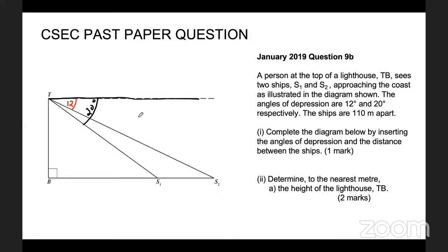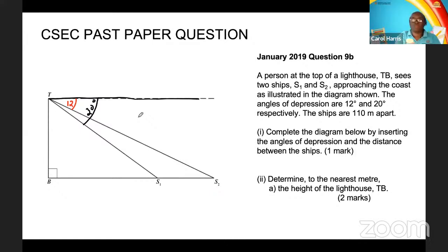Which is the furthest ship? Which of the ships is further away from the lighthouse? S2. So if you're looking at something further away from you, the angle of depression would be greater or less?